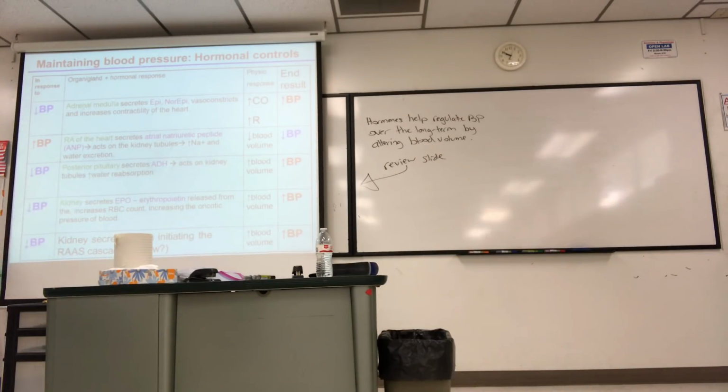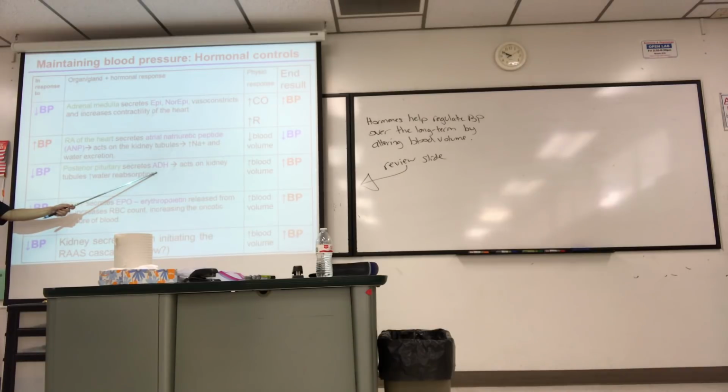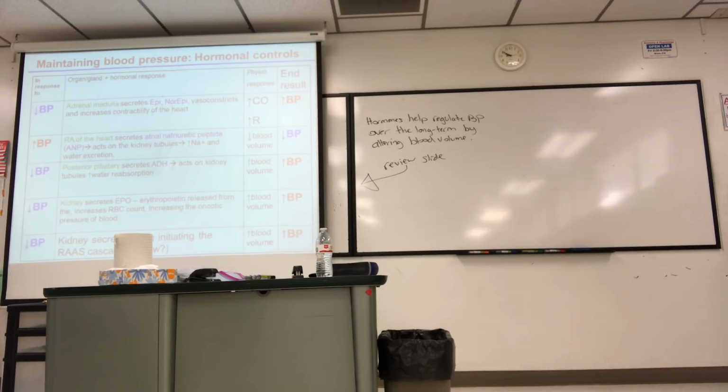These last three all increase it. If the disturbance is a drop in blood pressure, and we're studying ADH, antidiuretic hormone. Okay, go back and look at that. It helps increase the blood volume. EPO, I don't know if I mentioned that yet. That's short for erythropoietin. It comes from the kidney. The kidneys filter all of your blood, so it's a good place to recognize that fluid levels are down, right?